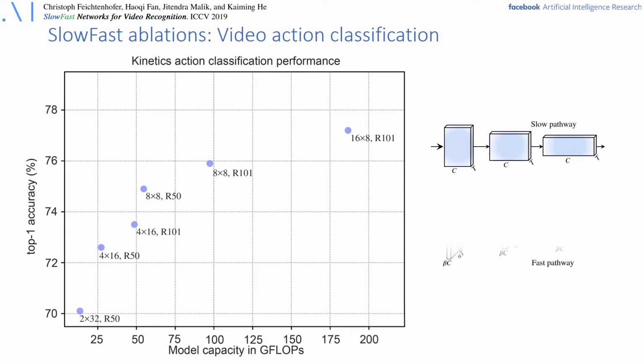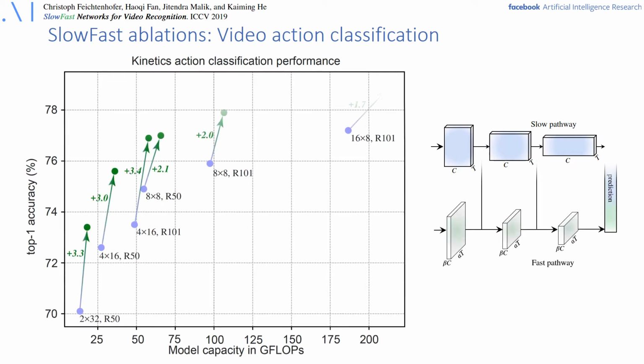So we observe by the green arrows that adding the fast pathway can bring significant accuracy gain, of up to 3.4% top 1 accuracy, at a relatively low increase of complexity, since the fast pathway is very lightweight. The model can perform state-of-the-art on multiple data sets for action classification and detection.